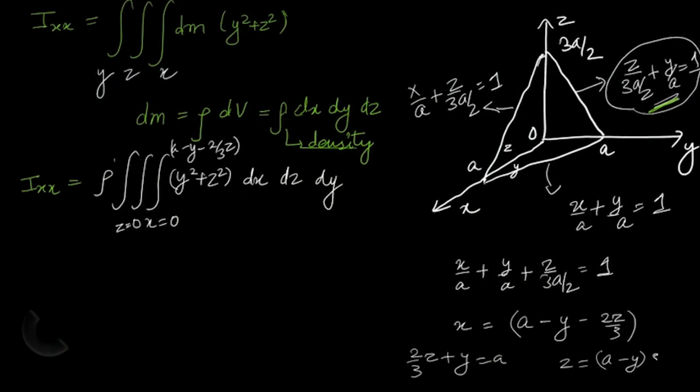Our upper limit for z will be z equal to 3 over 2 times (a minus y). Lastly, the limit for y is 0 to a. So these are the limits for the three integrals. So let's start our integration.